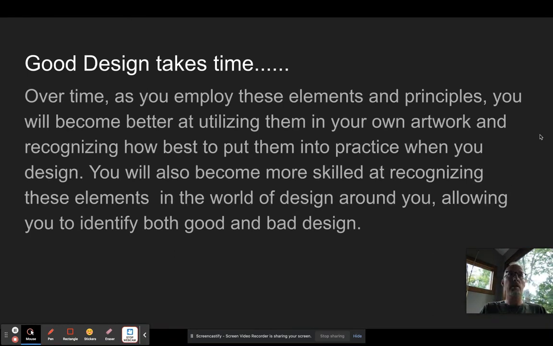When you see a bad design, you'll be able to identify what's wrong with it. Something about that bugs me. Well, it doesn't have unity. It's got this thing that's sticking out, or the color's off, or that shape is isolated. But you won't learn it overnight. With practice, you will be better at that. And they are all important to use in the world of design.